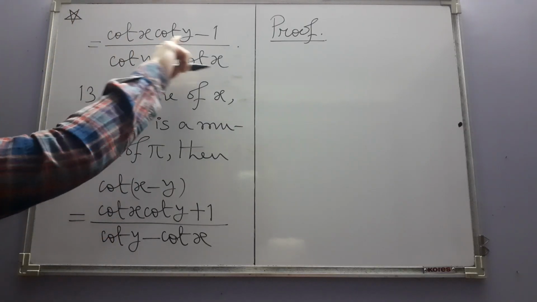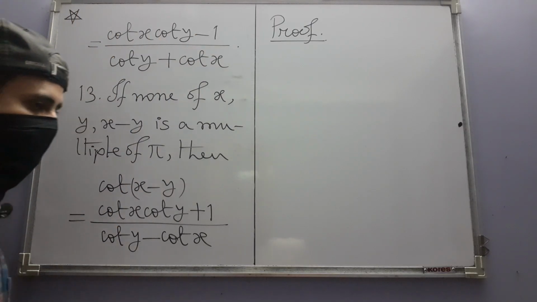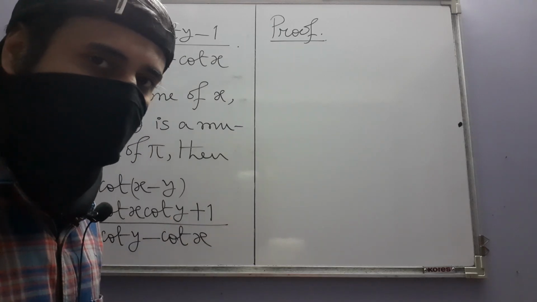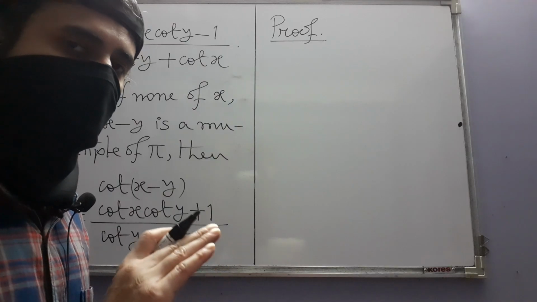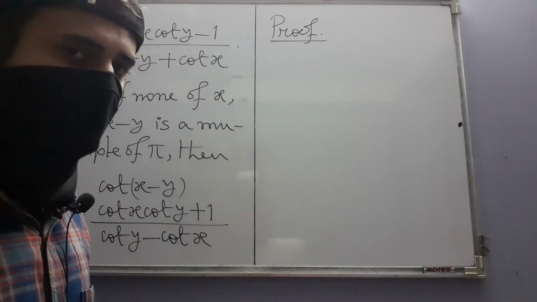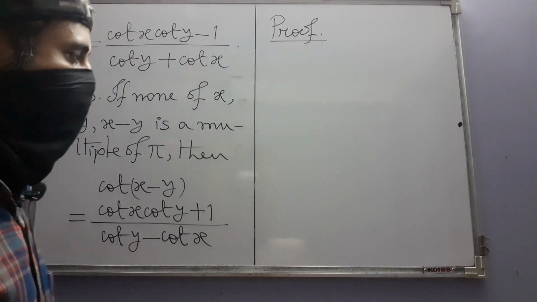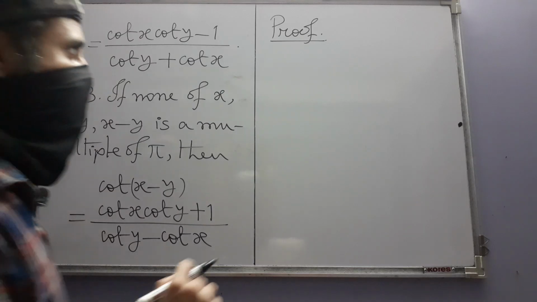So what was the condition here? The condition was that both the angles and their sum, none of them is a multiple of pi, an integer multiple of pi. So this is how I am going to start.